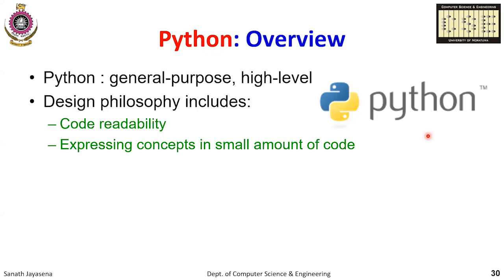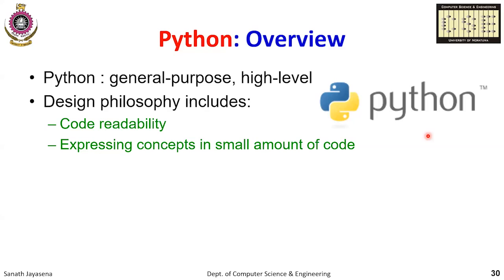So the design philosophy of Python includes code readability. That means easy to understand code, which also means a small amount of code is part of that, because for a particular task the code that you produce can be small, which makes it easy to understand as well.